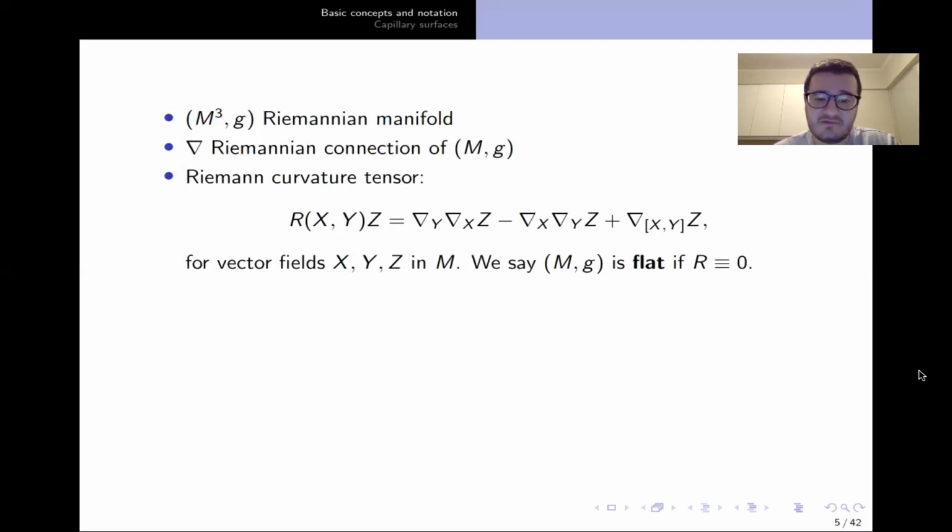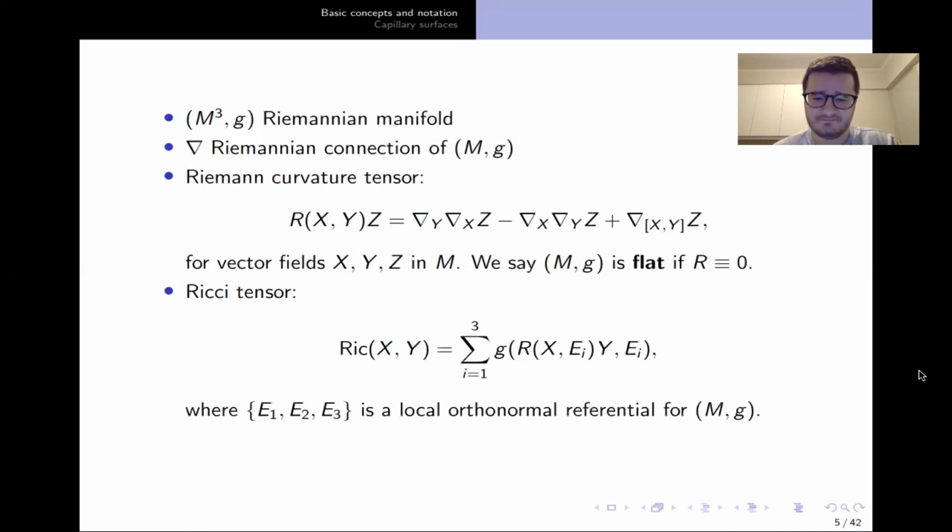After defining the Riemann curvature tensor, we can talk about the Ricci tensor, which is a weaker notion of curvature. It's a kind of mean of all sectional curvatures of M with respect to a fixed direction.